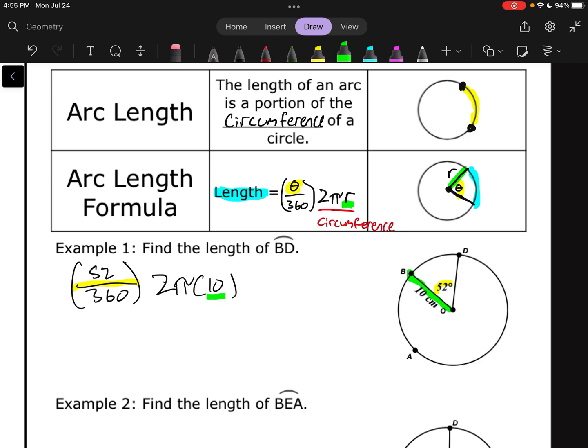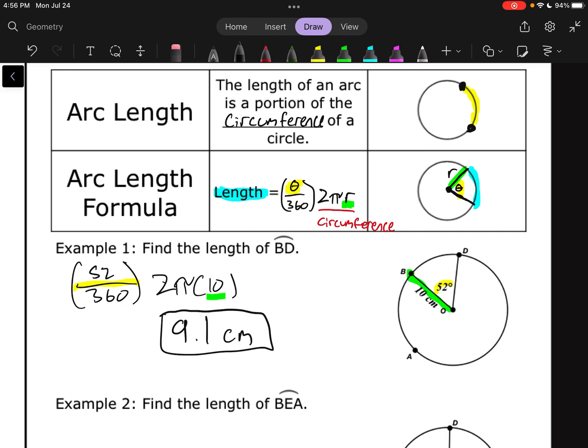So I'm just going to punch that in my calculator, and we're going to see what we get. 52 out of 360 times 2 times pi times 10. I'm going to round it to the nearest tenth, and that is going to give me 9.1, and this would be centimeters.